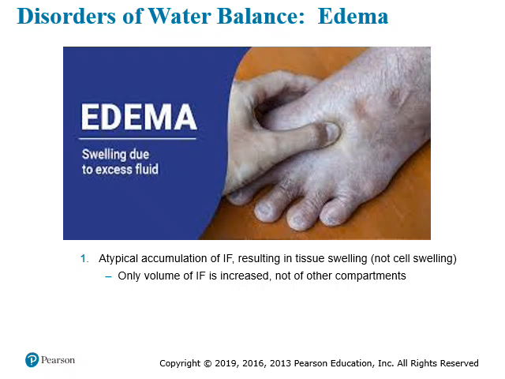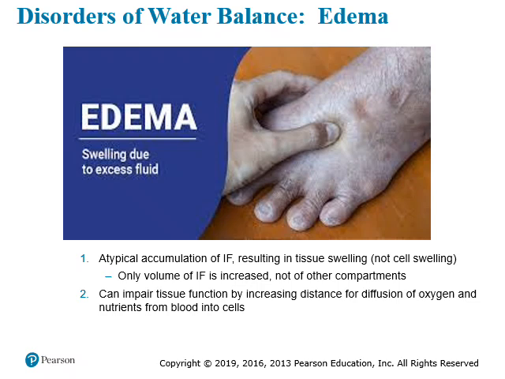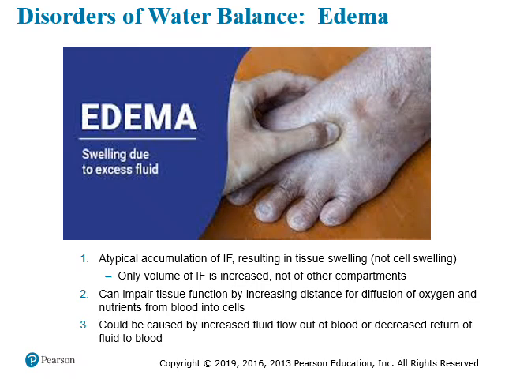Only the volume of interstitial fluid is increased here, not the other compartments. Edema can impair tissue function by increasing the distance of diffusion of oxygen and nutrients from the blood into the cells. Edema could be caused by increased fluid flow out of the blood or decreased return of fluid to the blood.